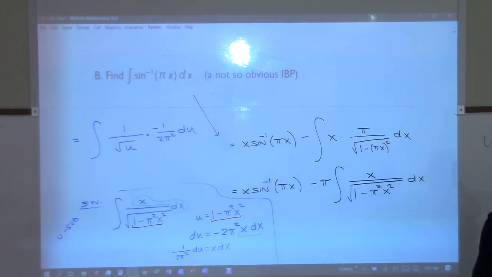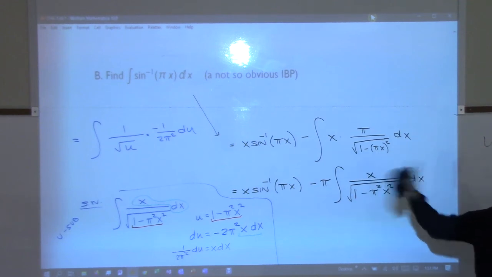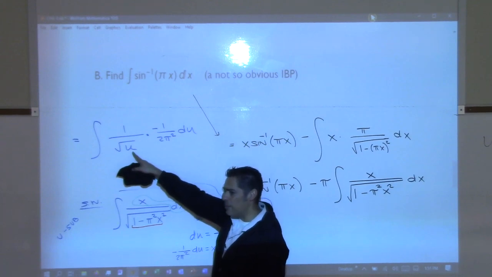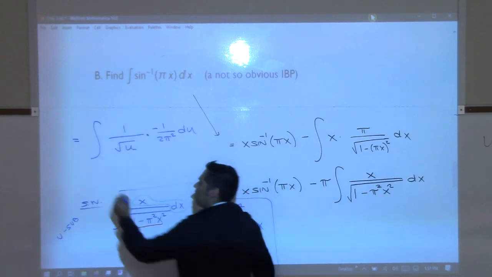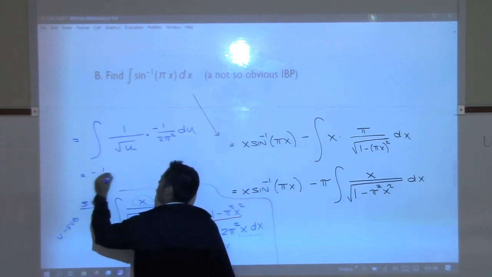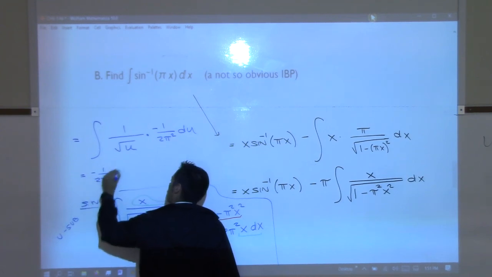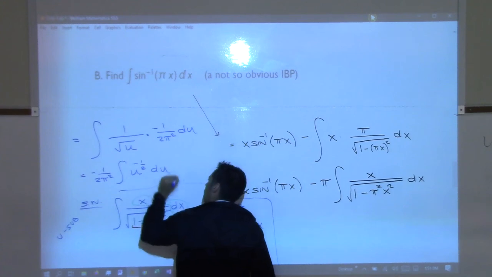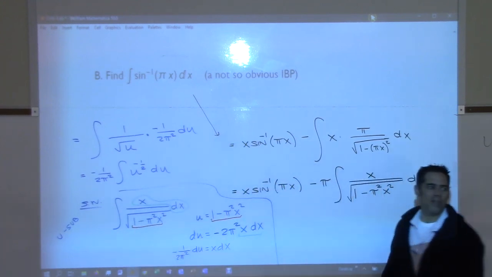I'm going to pull the negative 1 over 2 pi squared out of the integral completely, and rewrite this as u to the half, and then bring it up. So my next line is negative 1 over 2 pi squared times the integral of u to the negative 1/2 du.